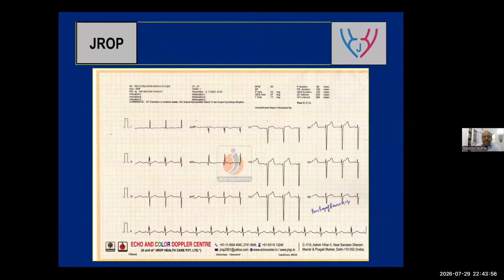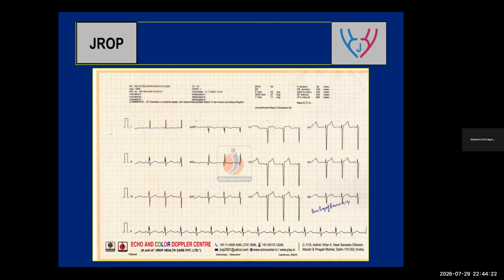Now see what the ECG findings are. Poor R wave progression, sir. Poor progression of R wave. Correct? Anything else? Low voltage. Pardon, say it again.